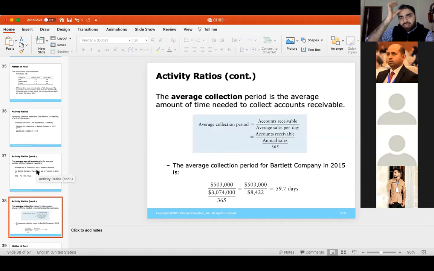Okay, the average collection period is the average amount of time needed to collect accounts receivable. Now we are speaking about accounts receivable, and what does it represent? It represents the obligation on the company's customers, the other companies.